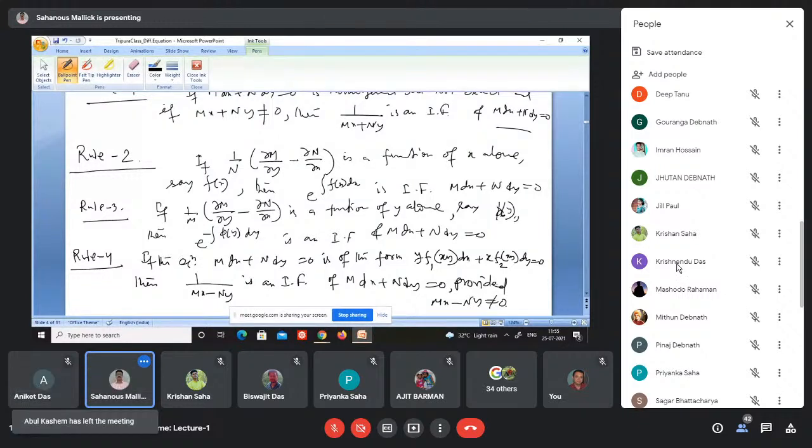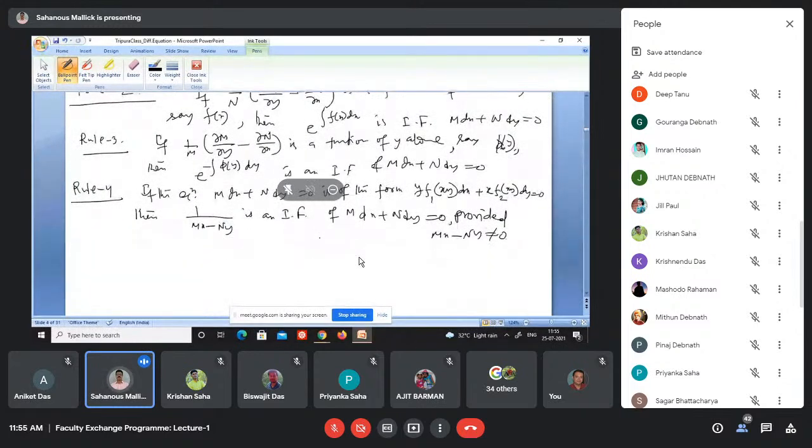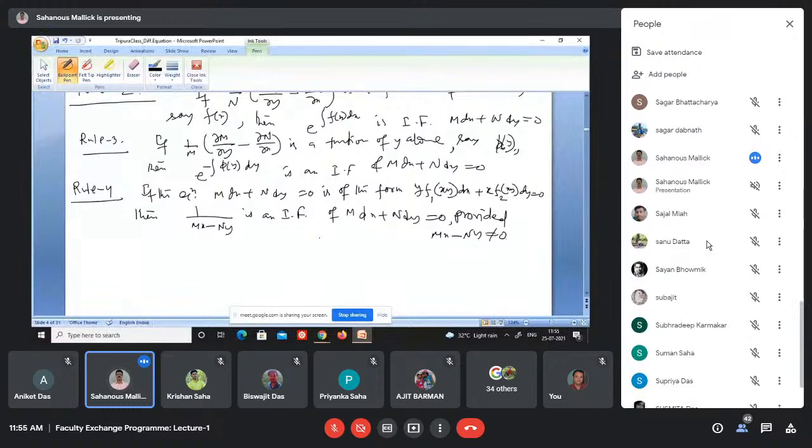And also Rule 5. This is a quite laborious rule due to calculation.